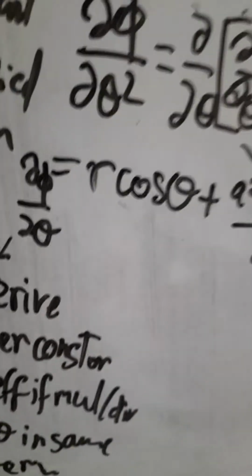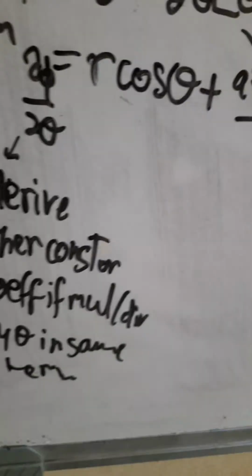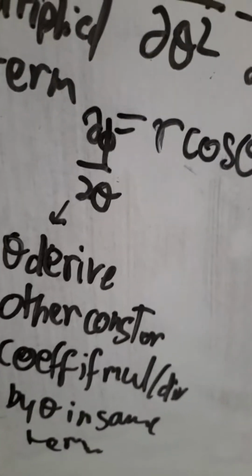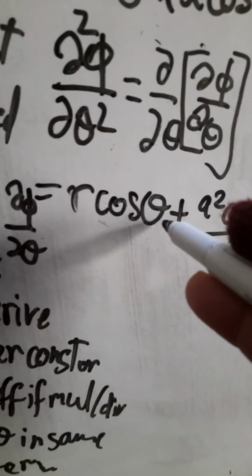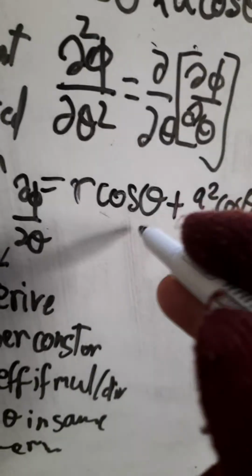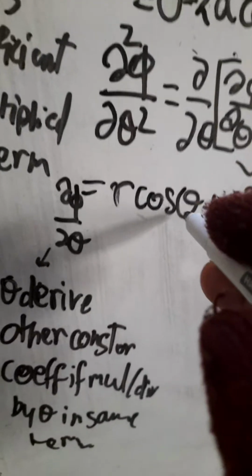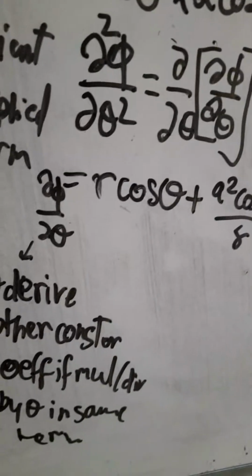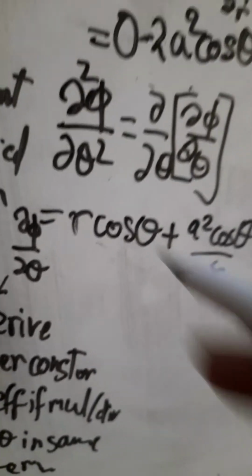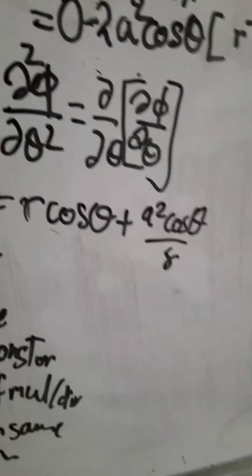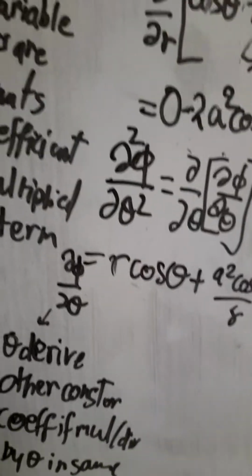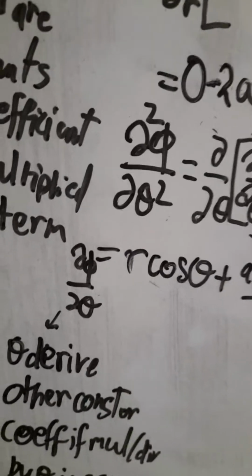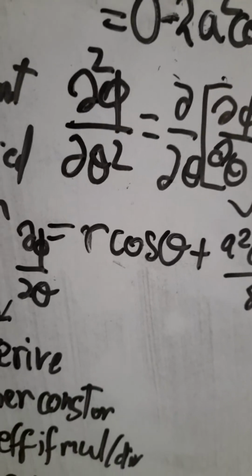So same term, right? So here cos theta we have to take the derivative, because we are doing it with respect to theta, and this is a theta term, so this is taken as the variable, this is taken as the function. We would derive it. But here it is r, we don't care about r, because r is another variable than theta, so r will be taken as constant.